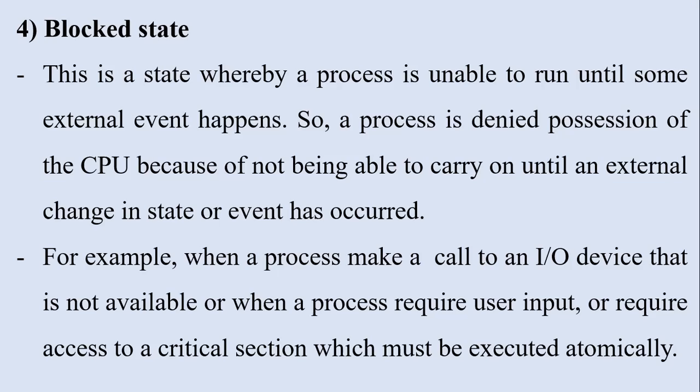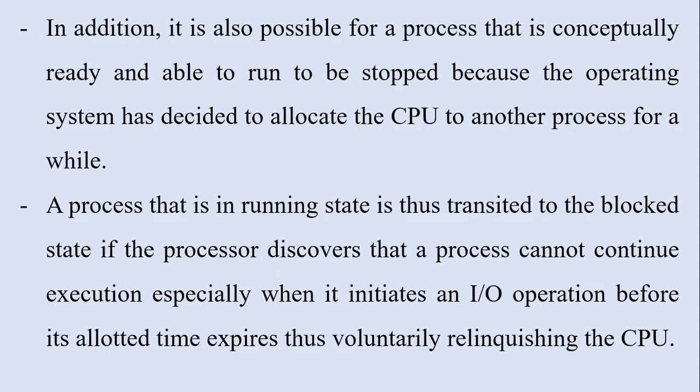For example, if a process makes a call to an input or output device that is not currently available, or when a process requires access to a critical section which must be executed atomically, then such a process will be put in blocked state, waiting for what it has requested for to be provided before it proceeds, so as to give way to those other processes that were in ready state and require to be attended to by the processor. And this helps the processor to avoid being idle.